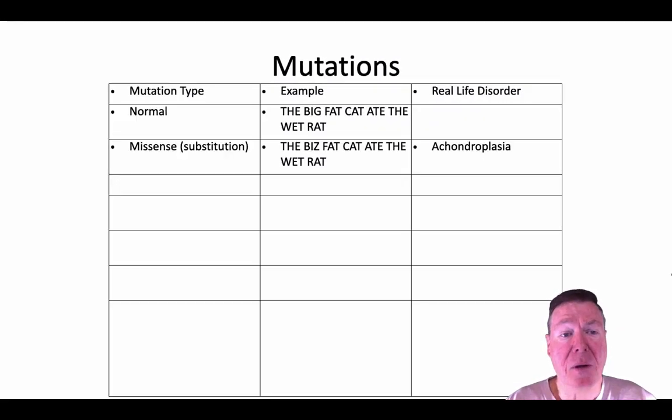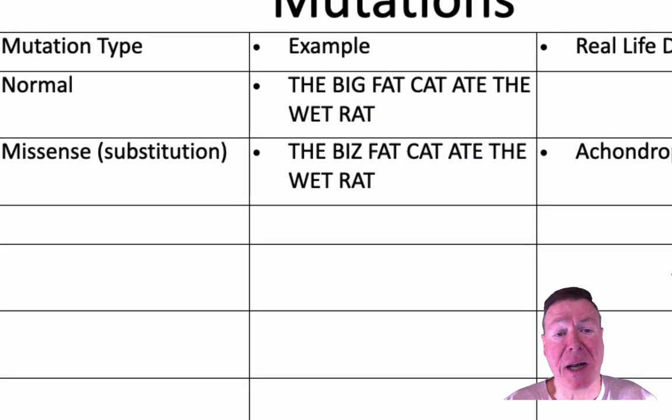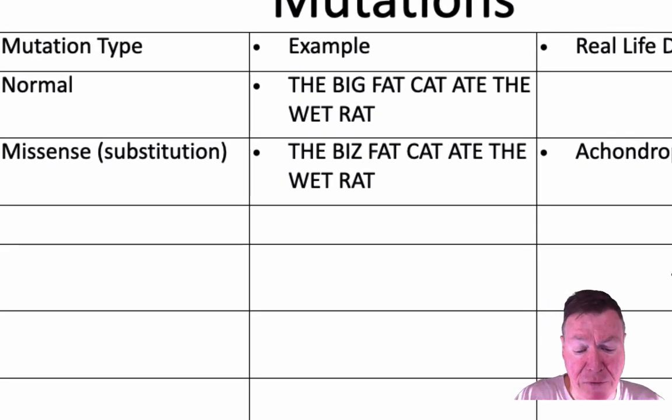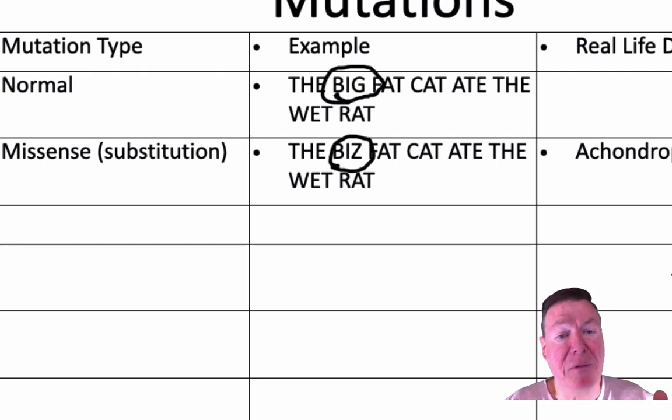Now, there is a type of mutation, for instance, missense, a substitution. Instead of the big, we made it a Z: the biz fat cat ate the wet rat. Well, that doesn't make any sense, all right?